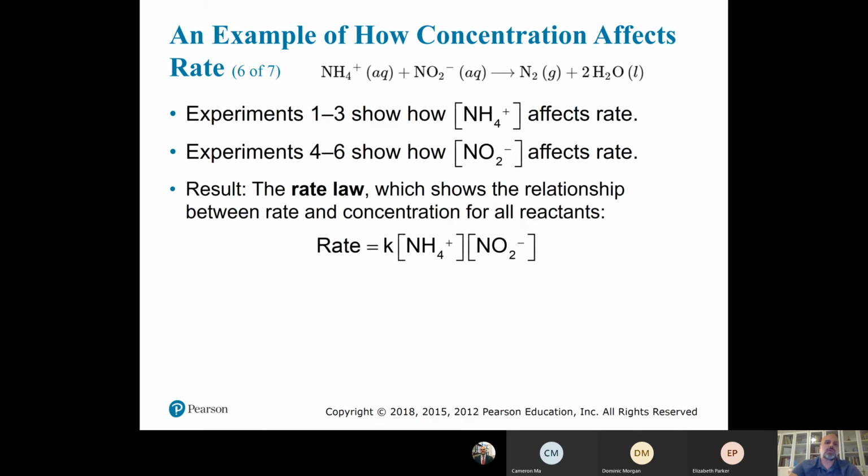So instead, we can look at rates where we have a constant times the concentrations of the individual reactants, and you can see how this is going to be equal to just the change in concentration of NH4.